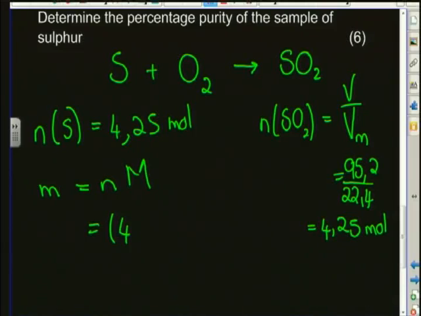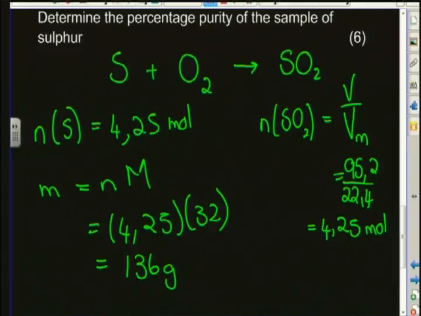So it's 4,25 times 32, from the periodic table, and we get 136 grams. But the question said that to get the 95,2 decimeters cubed volume, I had a 150 gram sample. According to this, I only needed 136 grams.